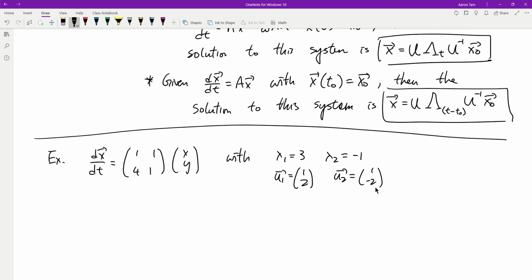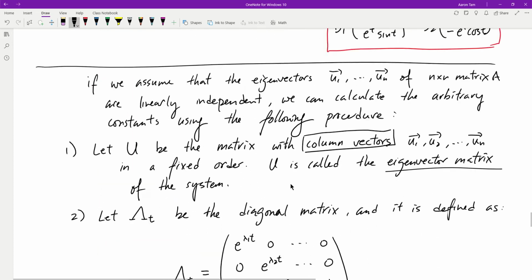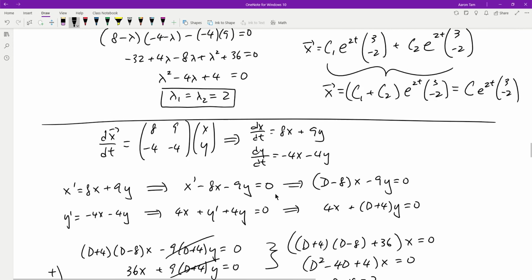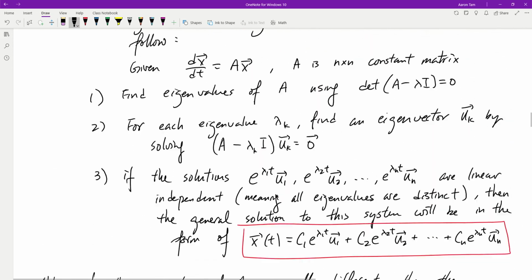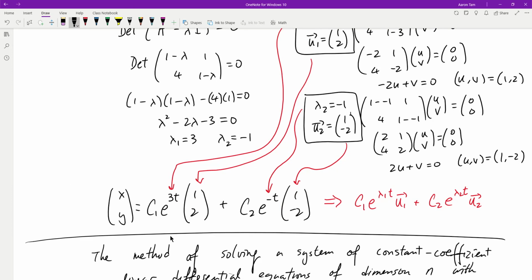Let's go through this process and see if we can come up with a similar solution to what we did before. We should have the answer somewhere up here. This one right here. So this is how our solution came out at the end.